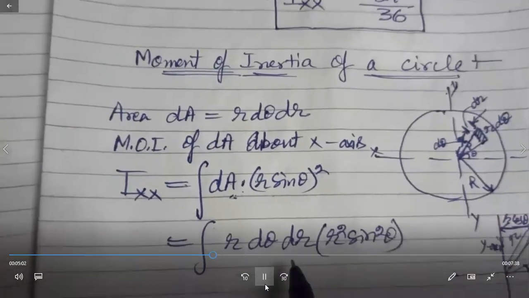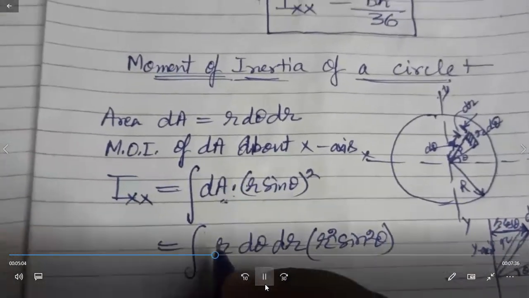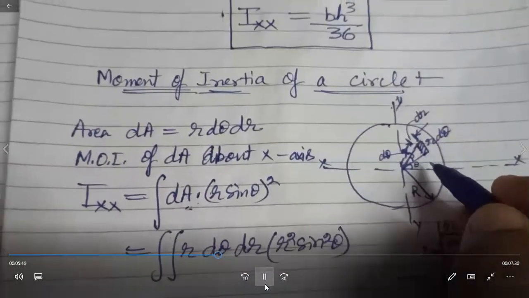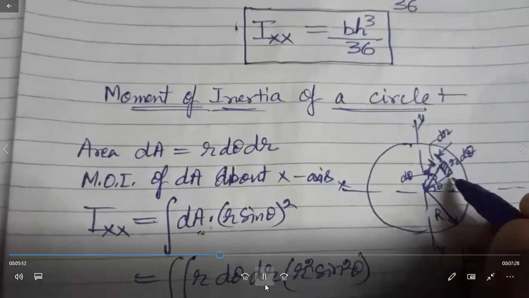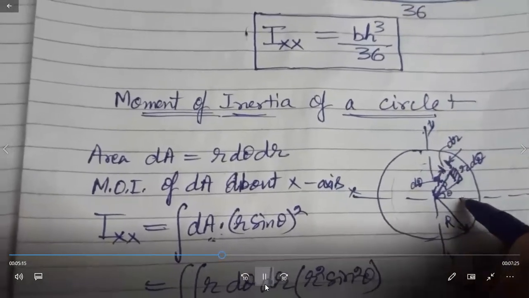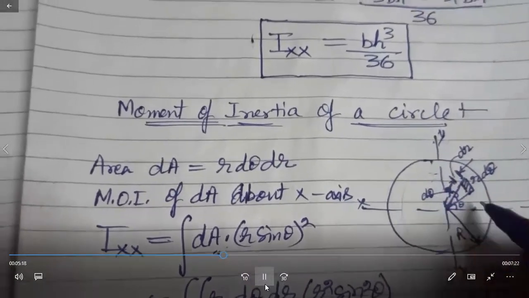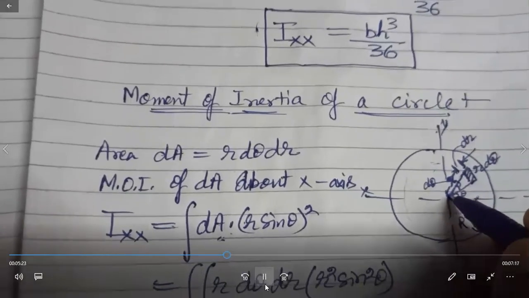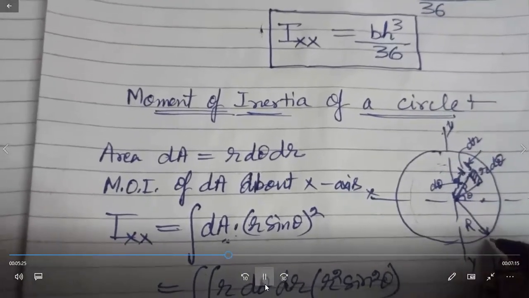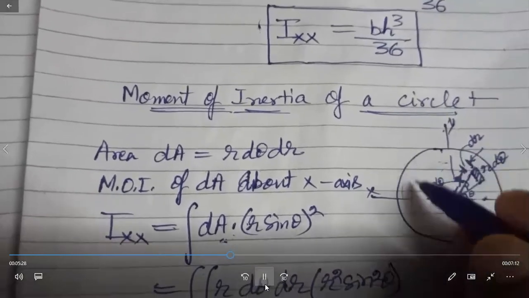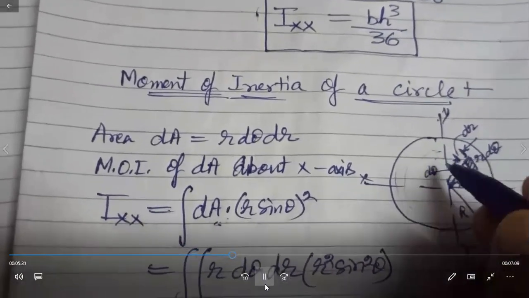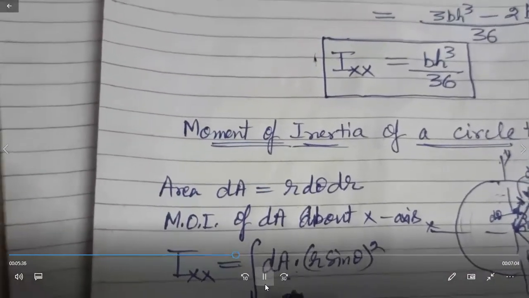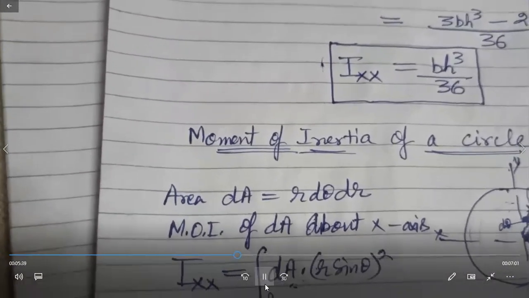So now we have to integrate it twice, because when we integrate from 0 to 2 pi, we complete a round to make a ring, and this ring will be expanded from 0 to capital R. So to fill this whole area, we have to integrate it twice. First we will integrate from 0 to 2 pi, then from 0 to R.